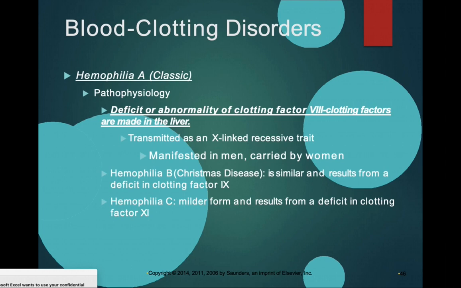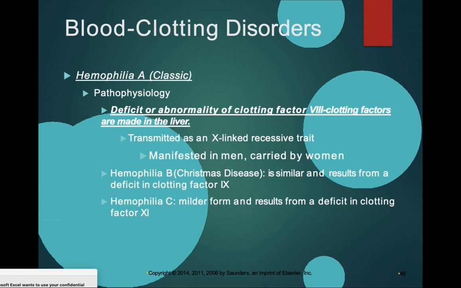Okay, let's look at hemophilia A, also known as classic hemophilia. This is a deficit or abnormality of clotting factor 8, right? This clotting factor 8 is made in the liver. It's transmitted as an X-linked recessive trait. It's manifested in men. It's carried by women. Hemophilia B, this is called Christmas disease.